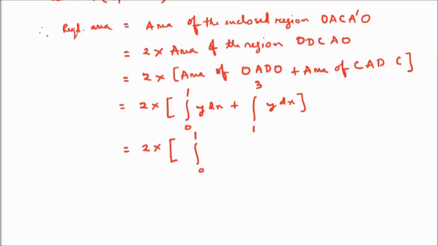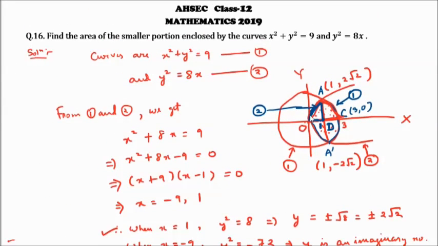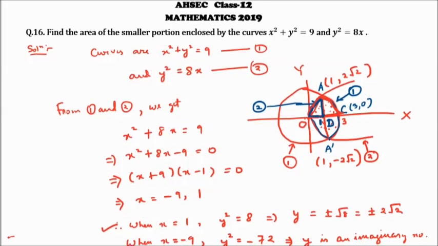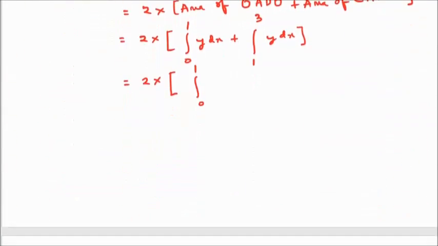Obviously, for the first region my curve is the parabola, and for the second region, from 1 to 3, my curve is the circle. So here in place of y, since y square equals 8x, I will write 2 root 2x whole root dx plus integration 1 to 3 root over 9 minus x square dx.